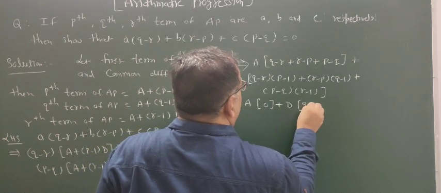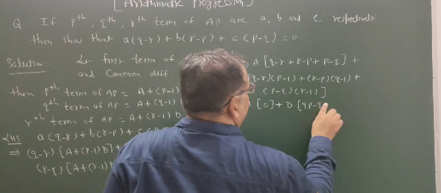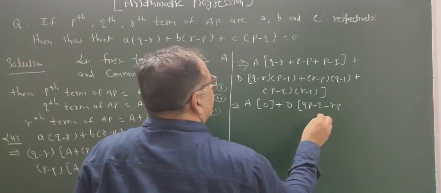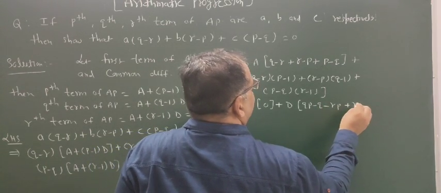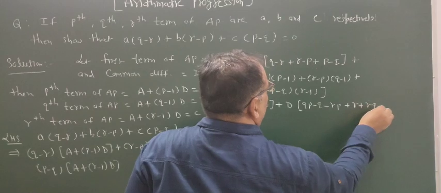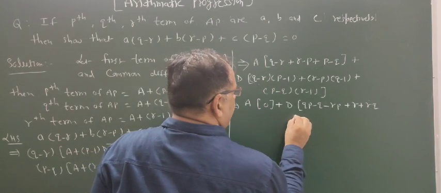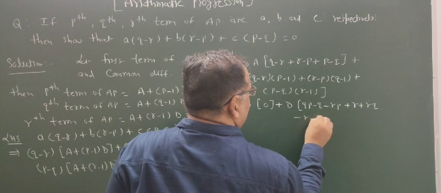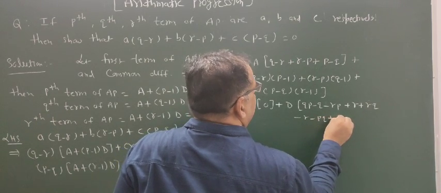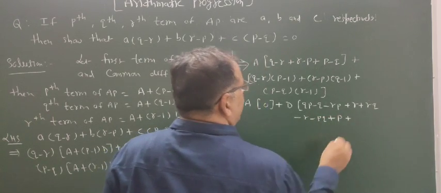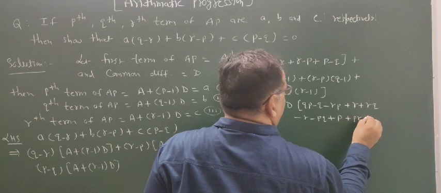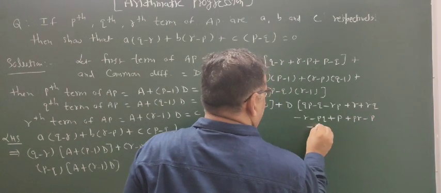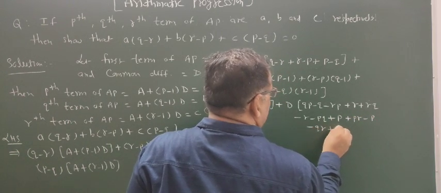So qp minus q minus rp plus r plus rq minus r minus pq plus p plus pr minus p minus qr plus q.